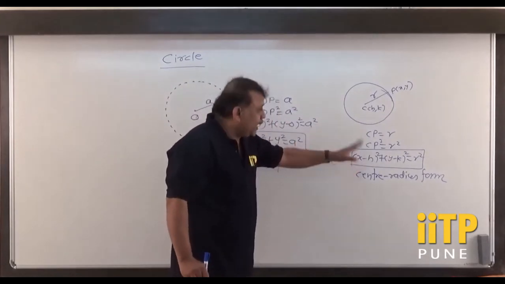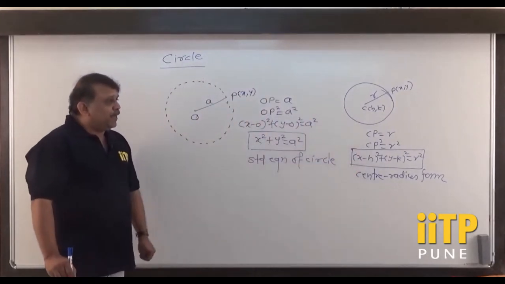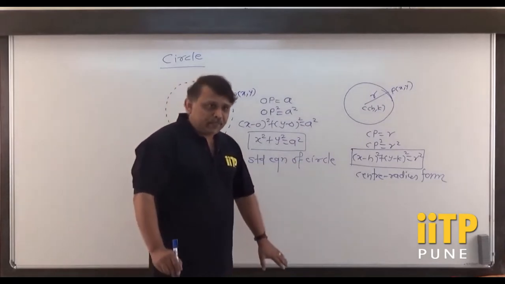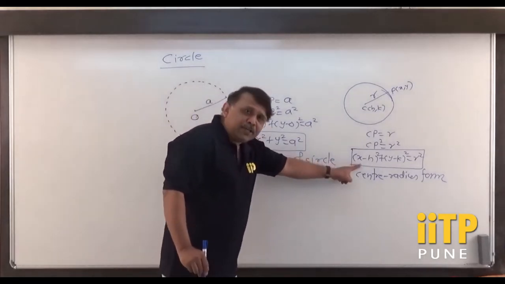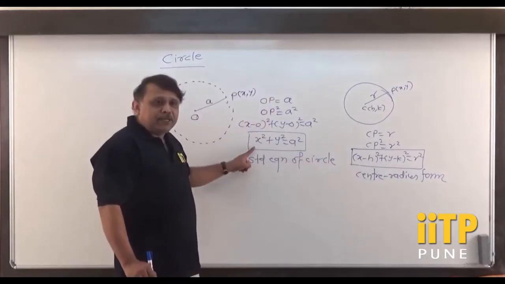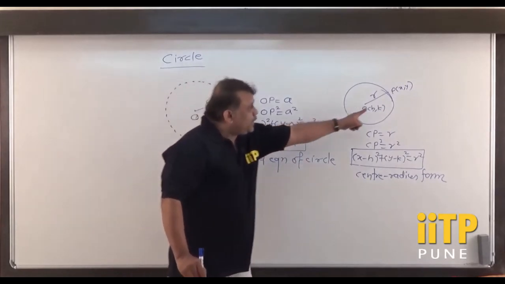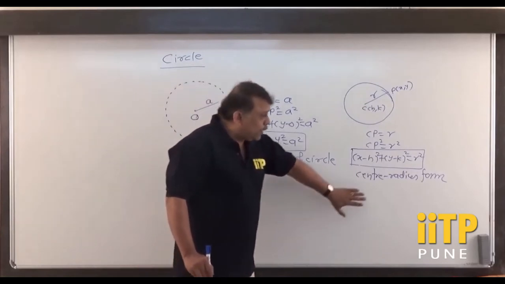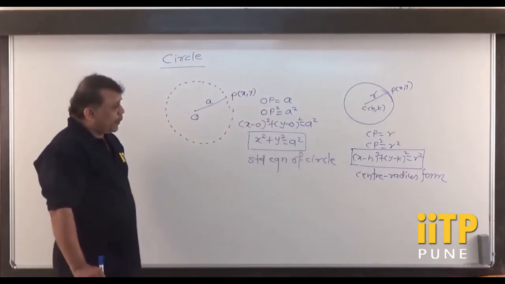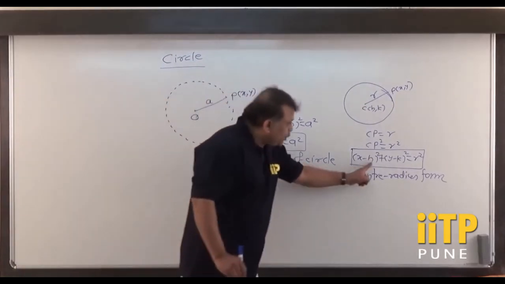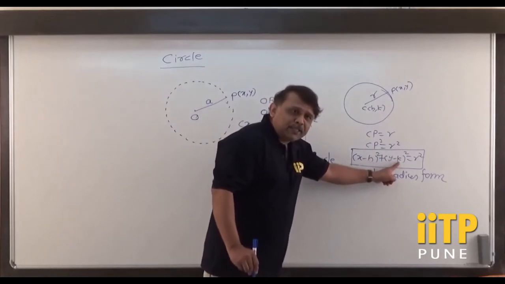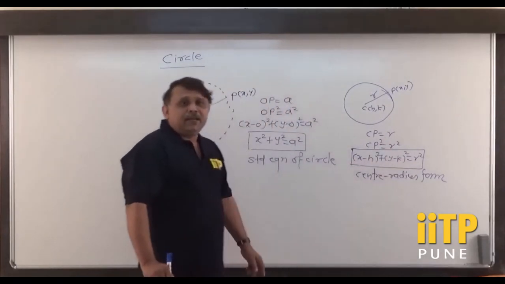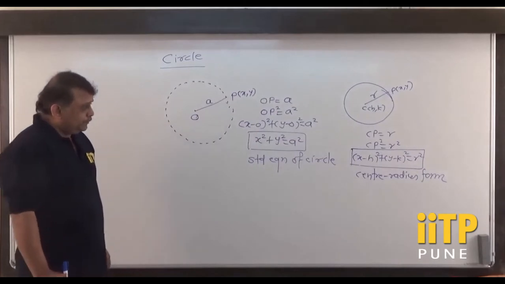This equation, (x minus h) square plus (y minus k) square is equal to r square. So simply this equation can be obtained from this equation by subtracting h and k from x and y. So this is called center radius form. Here (h, k) are the coordinates of the center and r is the radius of the circle.